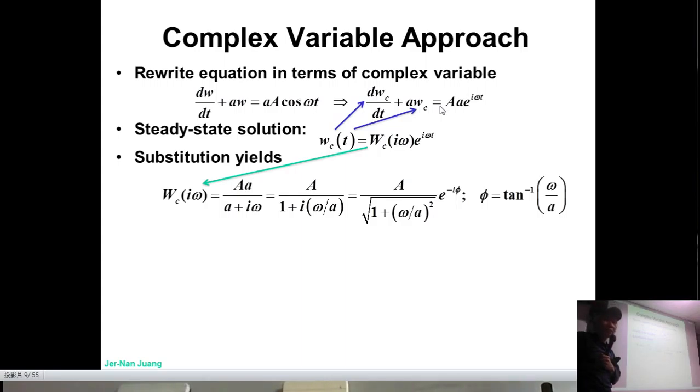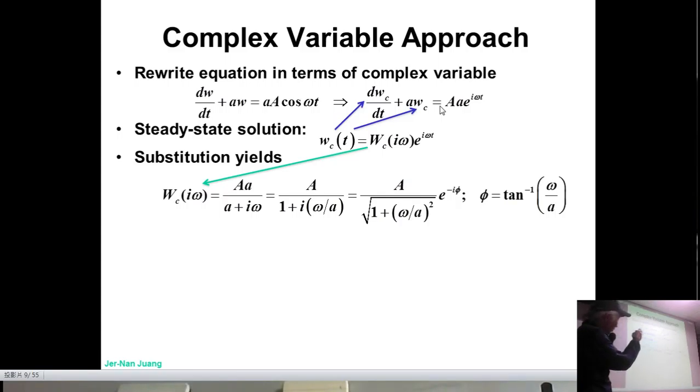So you substitute in there, and then I will be able to solve: W c of i omega t equals A divided by A plus i omega, and so on. Then look at that: A divided by the square root of 1 plus omega divided by A squared. That term is exactly the same as what we got from the previous slide.